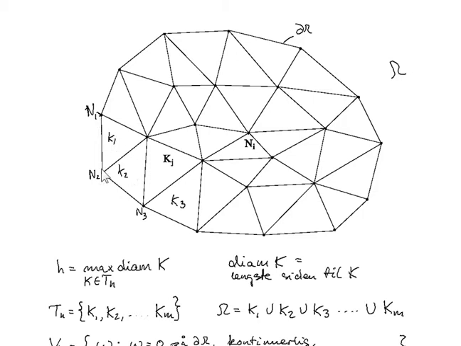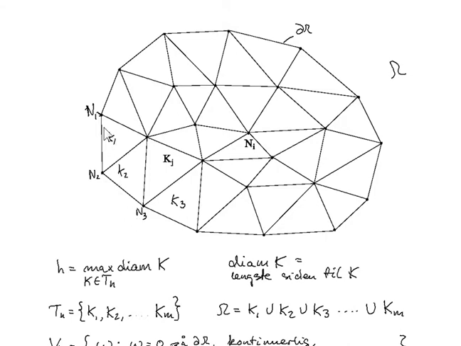And associated with each of these triangles, we have node points. We call this the first node, this the second node, the third node, and so on. And we call n1 the coordinate of node 1, and n2 the coordinate of node 2, and so on.